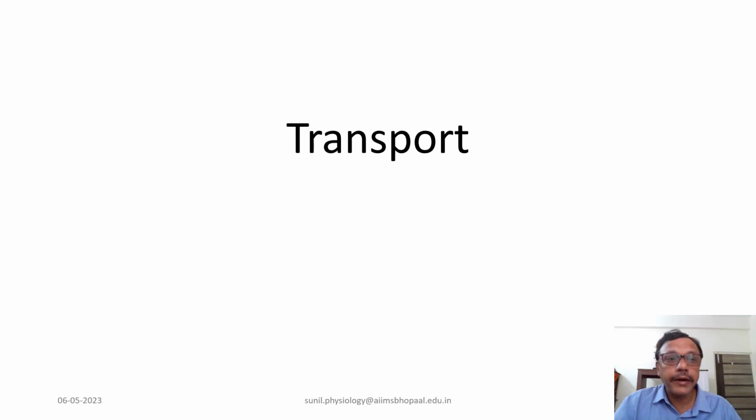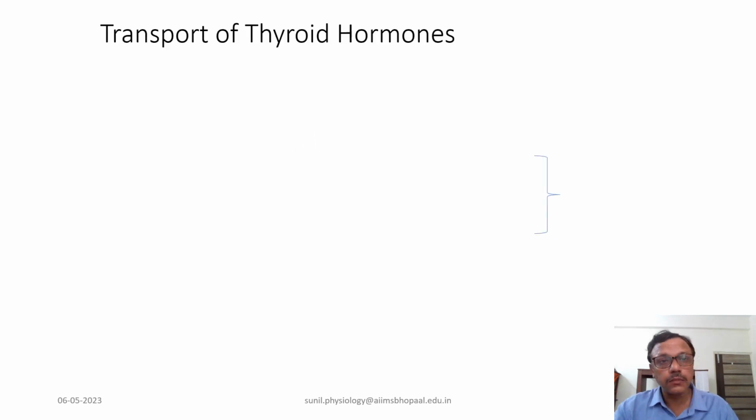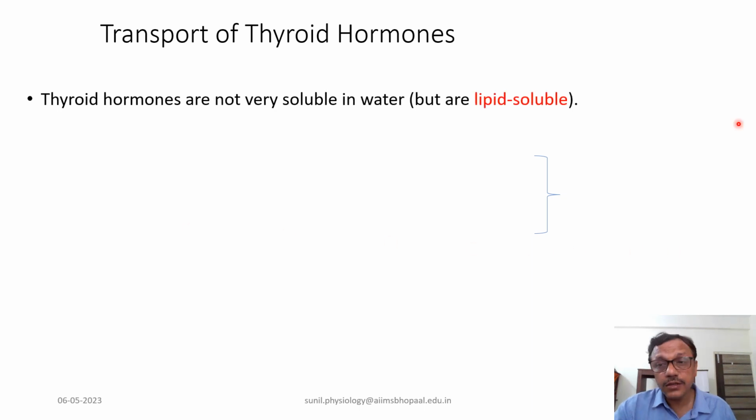Now we are going to see how T3 and T4 are transported in the blood. Once T3 and T4 are secreted into the blood, how does the transportation take place? These thyroid hormones are not soluble in water.